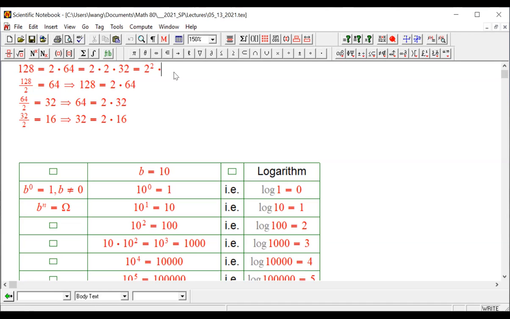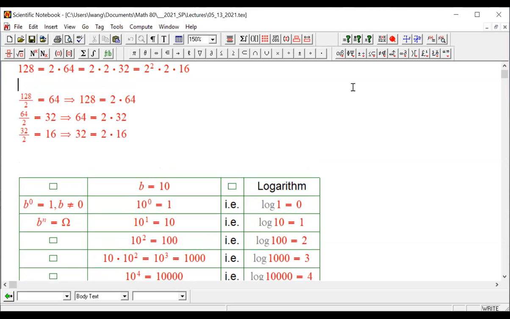And then 32 is 2 times 16. You guys see how this process goes? And you keep going. By this time, you already recognize 16 is 2 to the power 4, right?